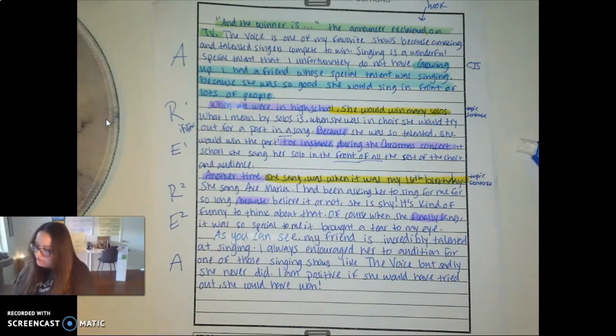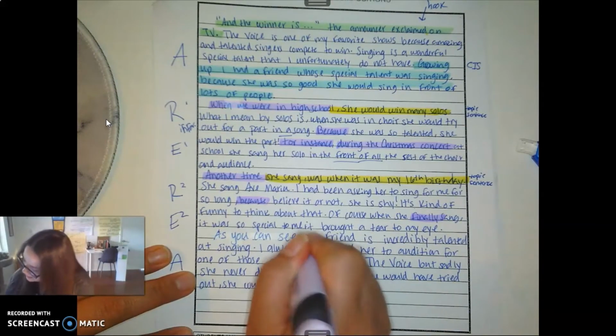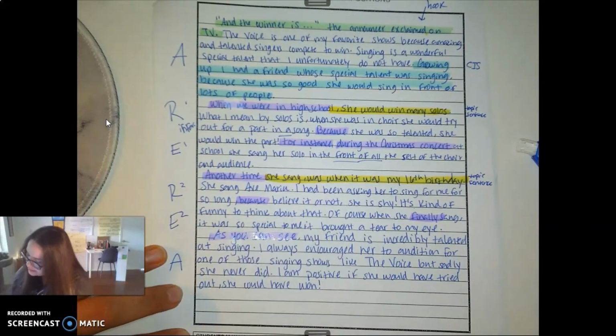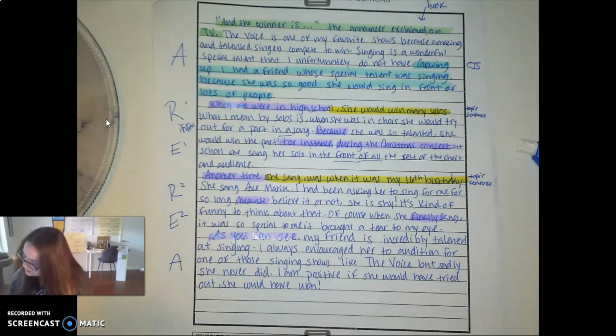Okay, so where is the transitional phrase? If we have to start our idea, if we have to bridge into our idea, where is the transitional phrase? Where should it be? It should be at the beginning, right here. As you can see, there's my transitional phrase. My friend is incredibly talented at singing.